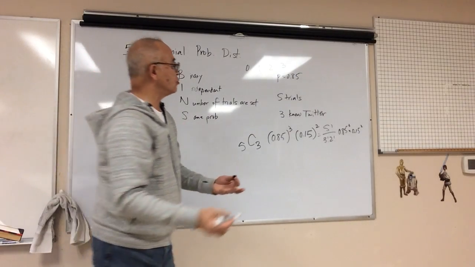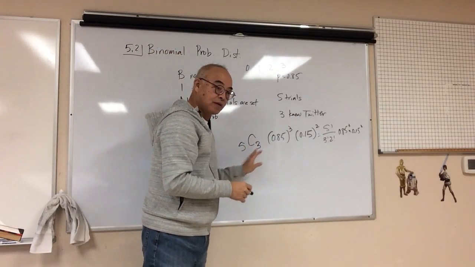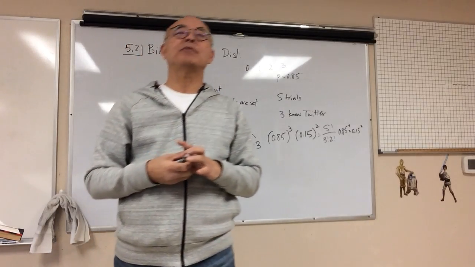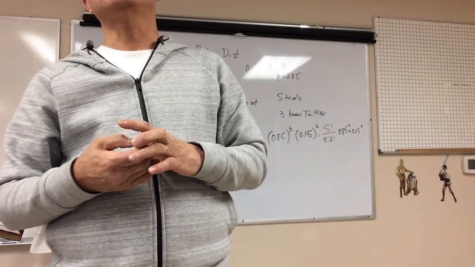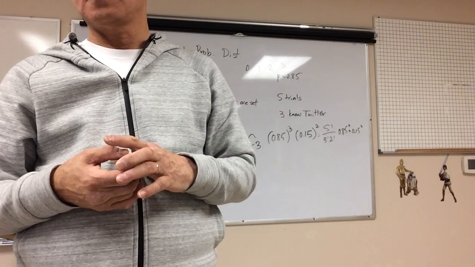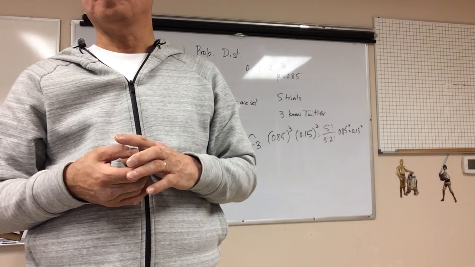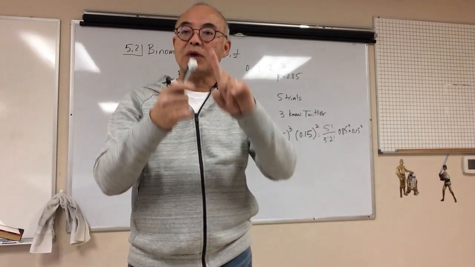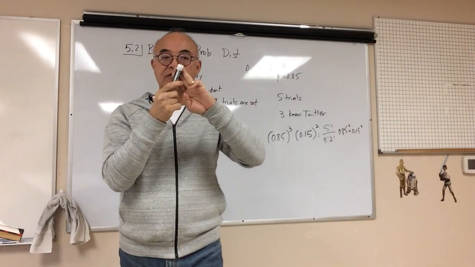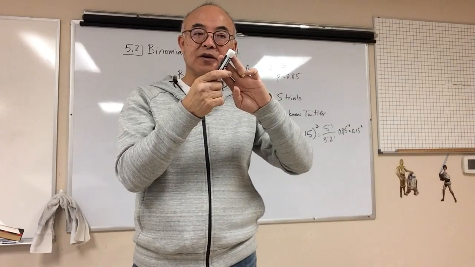So if we're doing 5 trials, and I ask you, what is the probability you're going to get at least 3 successes? You would have to do the probability of 3 plus the probability of 4 plus the probability of 5, three separate PDFs.